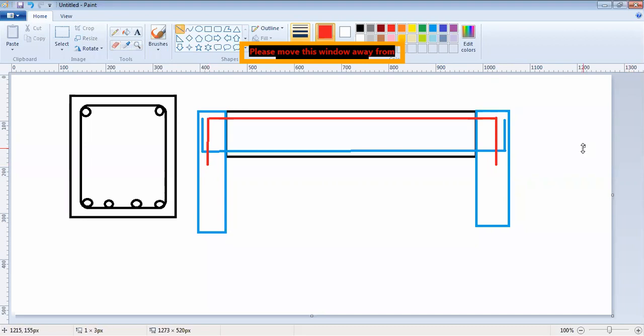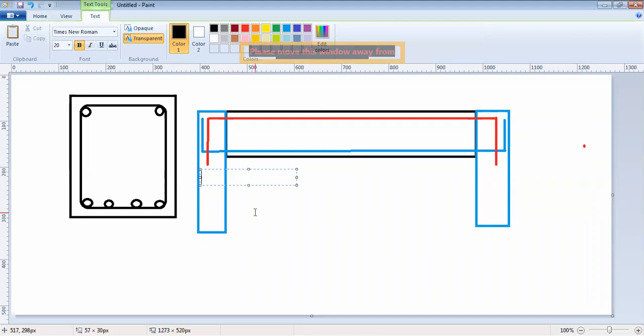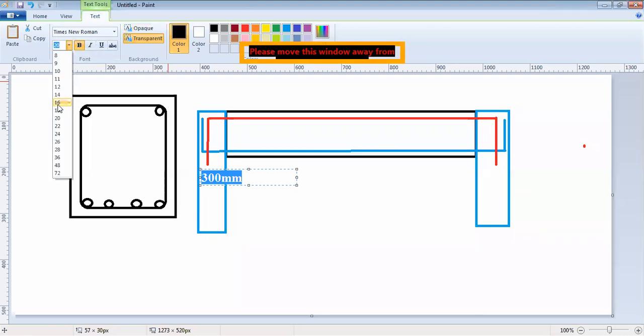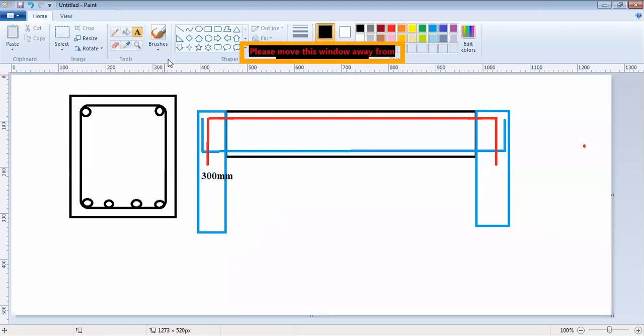Now, let us first of all assume, let's take the tension reinforcement first, that this is 300 mm, from this point up till this point.